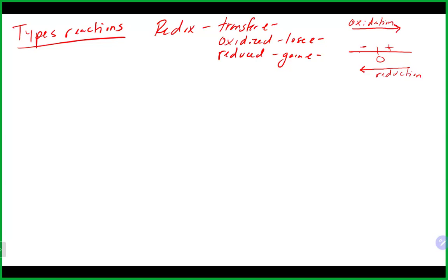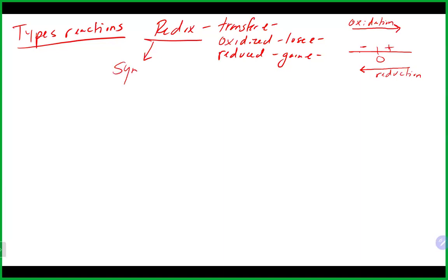And as we talked about last time, one of the nice things about that is if you could for sure identify who's being oxidized or who's being reduced, by default, pretty much the opposite thing is happening to the opposite guy.